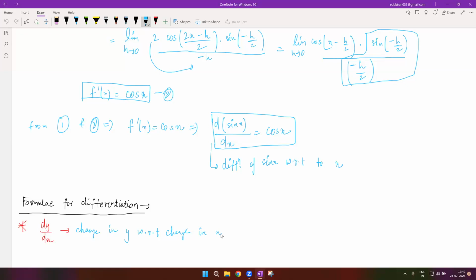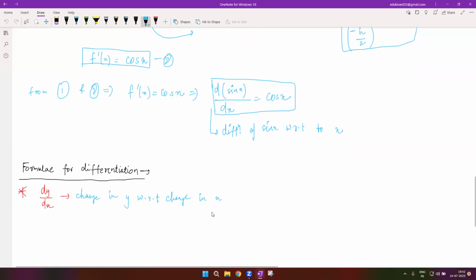स्लोप भी ऐसे ही निकाला जाता है यार. स्लोप का मतलब या डिफरेंशिएशन का मतलब, we want to know how our output is changing with respect to changing the input. So let's say एक और बहुत अच्छा एग्जांपल देता हूं मैं तुम्हें, ठीक है? And this will also clear out a formula here.